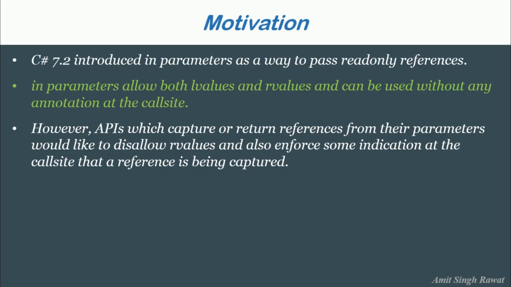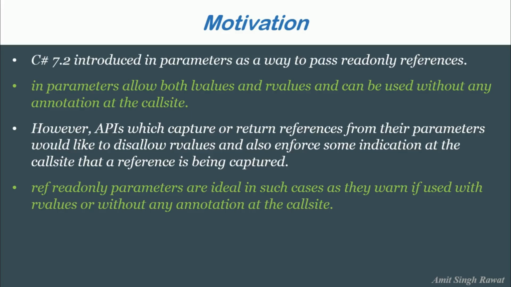However, APIs which capture or return references from their parameters would like to disallow R values and also enforce some indication at the call site that a reference is being captured. Ref readonly parameters are ideal in such cases, as they warn if used with R values or without any annotation at the call site. Simple, extremely simple.